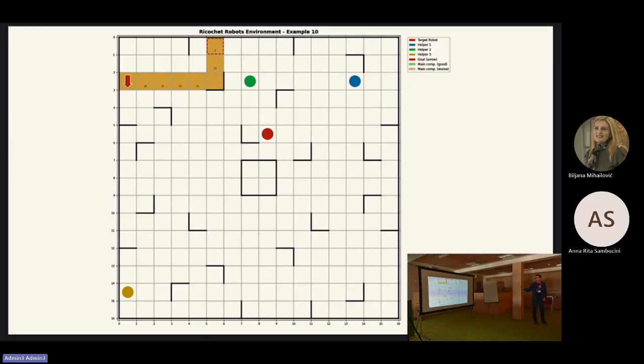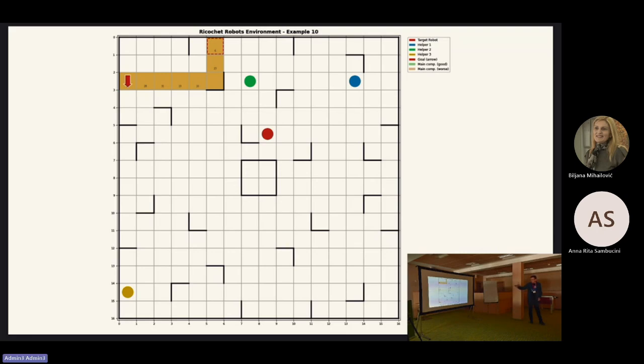Here is an actual example of the game board on which the model trains. It is a 16 by 16 square grid. The individual circles are the robots. You can see the target tile here.